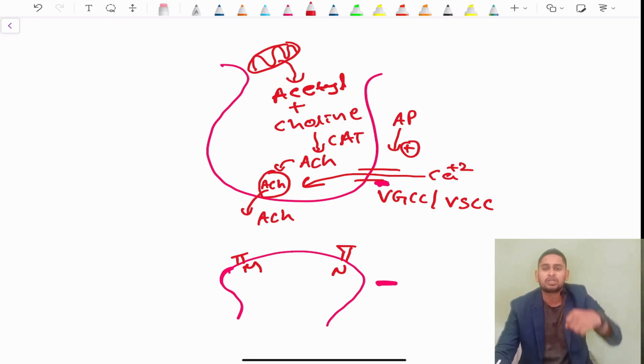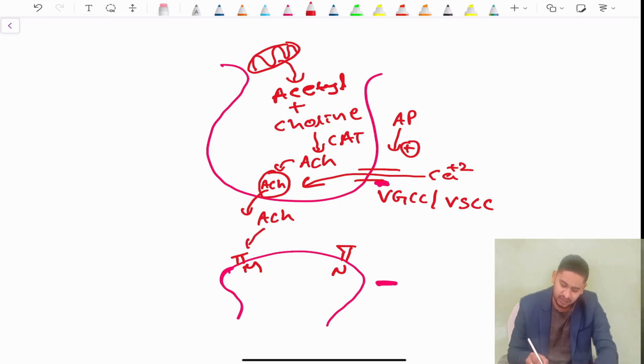That is called the neuromuscular junction. At the neuromuscular junction, the nicotinic muscular subtype receptors are present. Acetylcholine acts on muscarinic receptors, and it also acts on nicotinic subtype receptors.